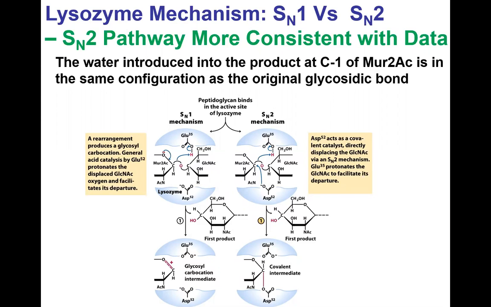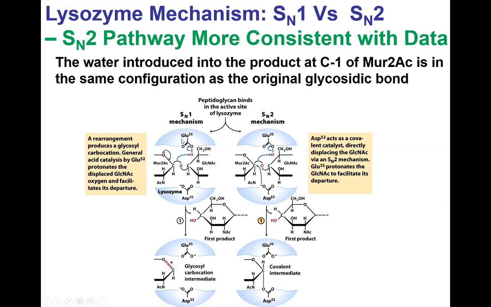So in that context, we are talking about SN1 and SN2. The SN1 mechanism was proposed originally by Phillips, shown on the left-hand side. The SN2 mechanism is shown on the right-hand side, which nowadays people think is more consistent with all kinds of data: structural data, kinetics data, isotope effects, and all that. Let's go through Phillips' mechanism anyway to see what he proposed.